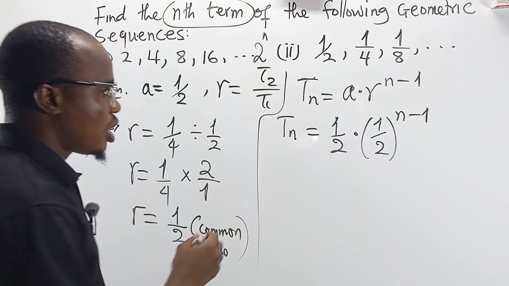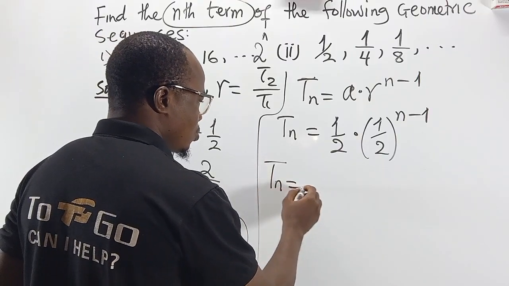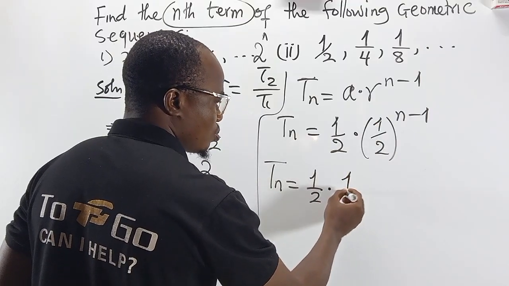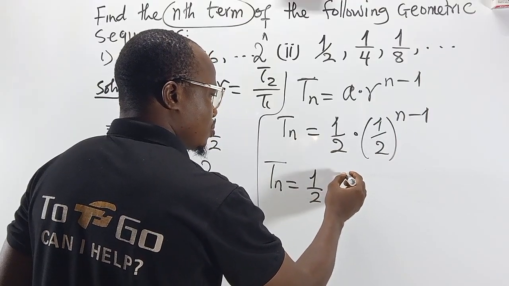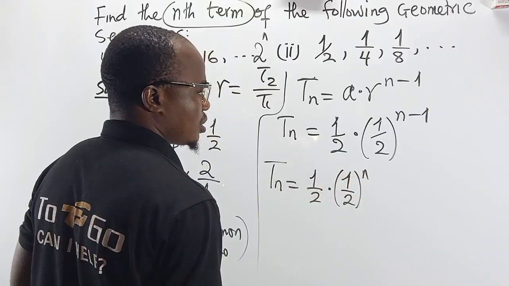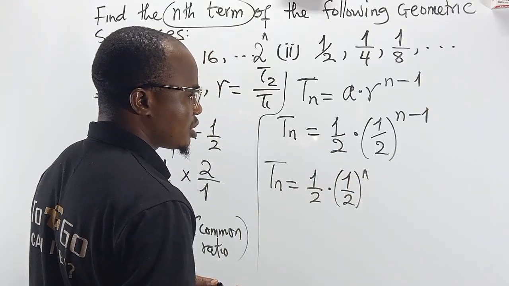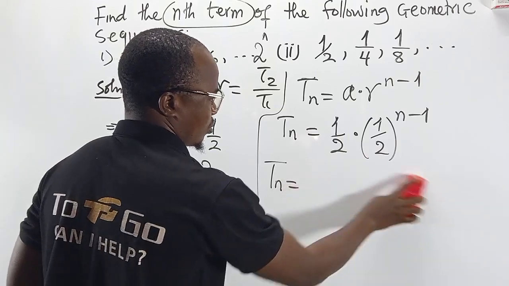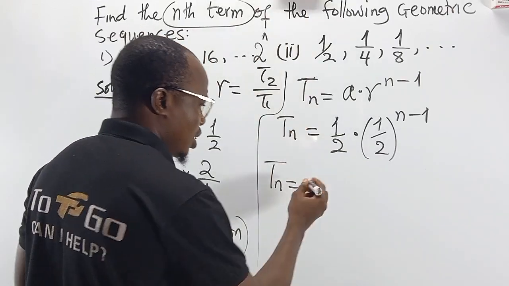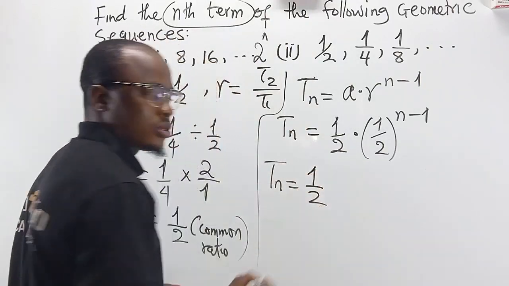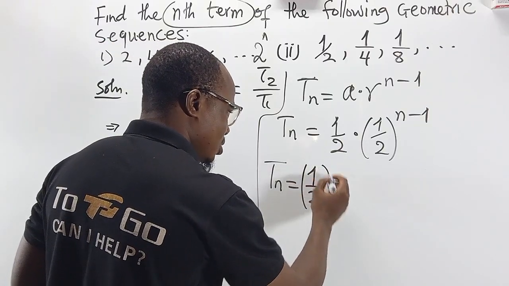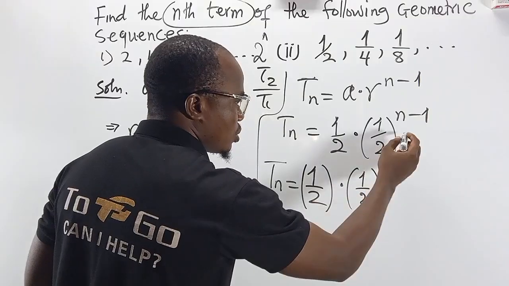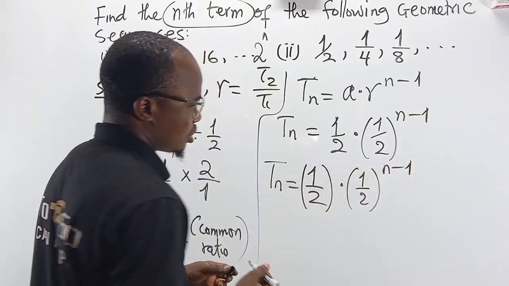So now we have Tn equal to 1 over 2 multiplying 1 over 2 to the power of n minus 1.